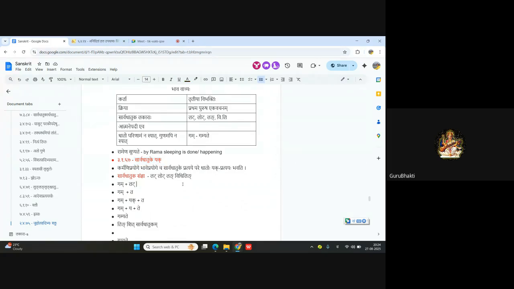That point is also mentioned here in this niyama again. In karmani prayoga and in bhave prayoga, when it is followed by sarvadhatuka pratyayas, then the dhatu will get yak pratyaya. Yak pratyaya will come.